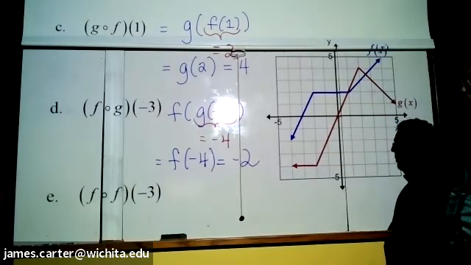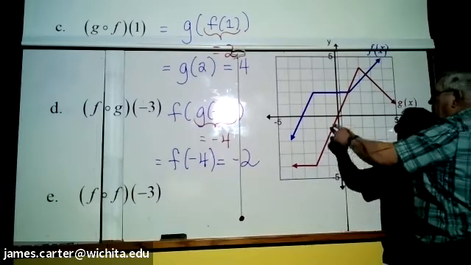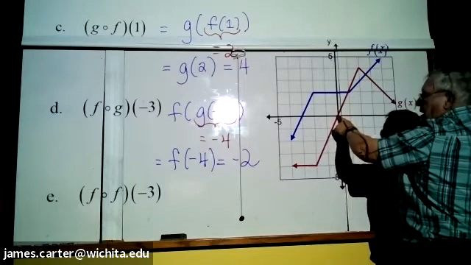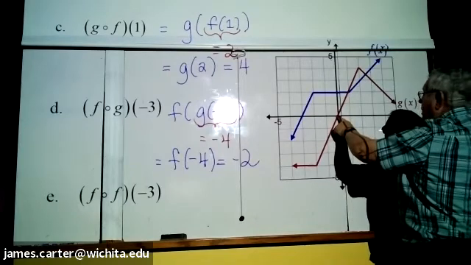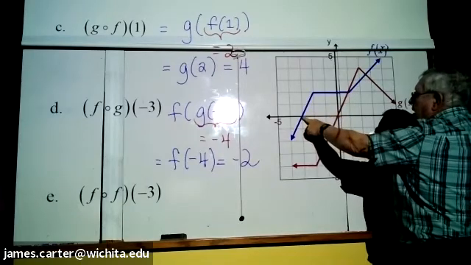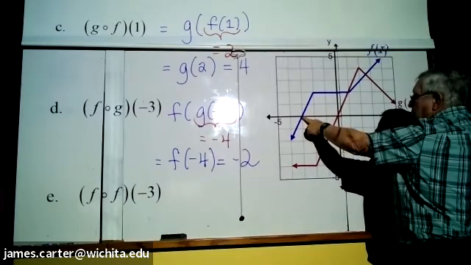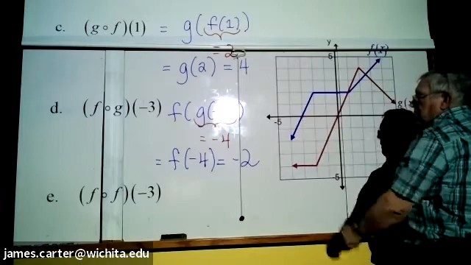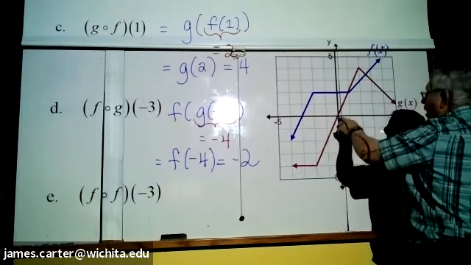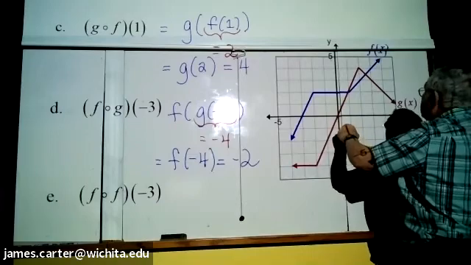Okay, let's do f of itself. So we take the f equation and we find the value -3. 1, 2, 3. The answer is 0. The answer is y equals 0. Now we take, where is y equal 0 in this thing?